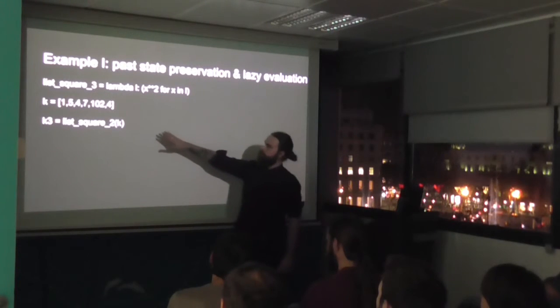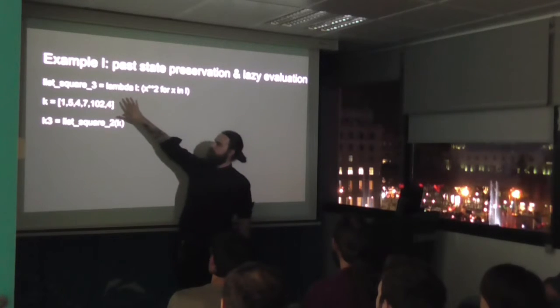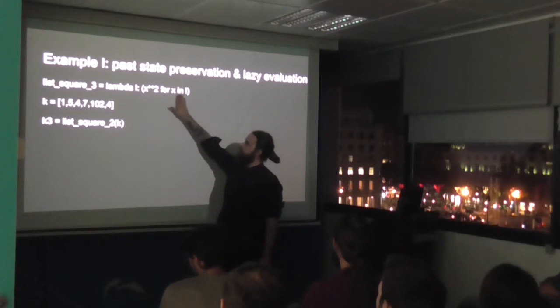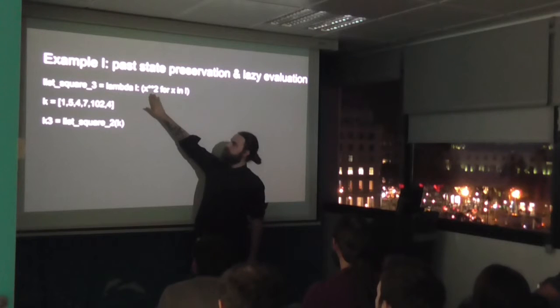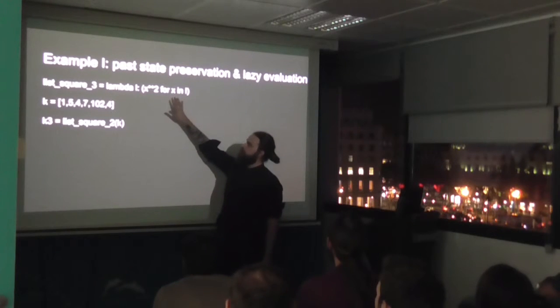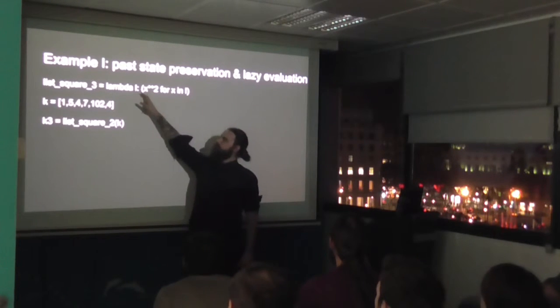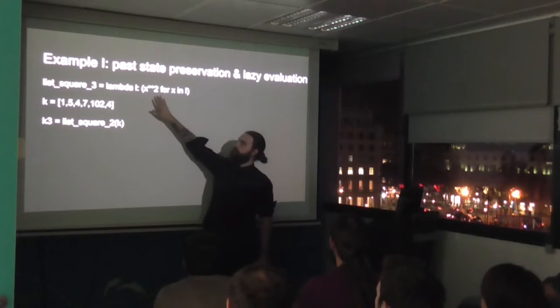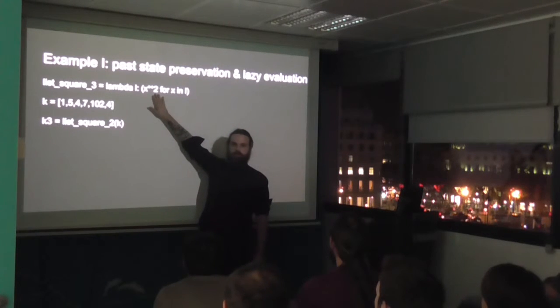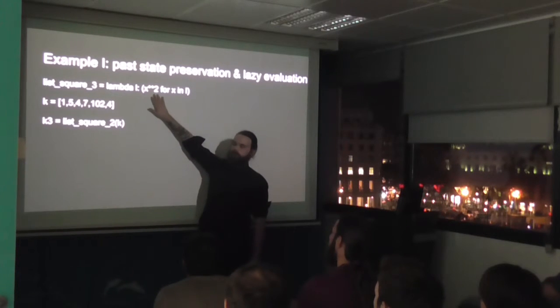that here we are defining a function that takes a list and does the same as before, it squares every element of the list. But this parenthesis means that we are not going to compute the value now. We're going to let the computation for later, when we actually need to compute these values.